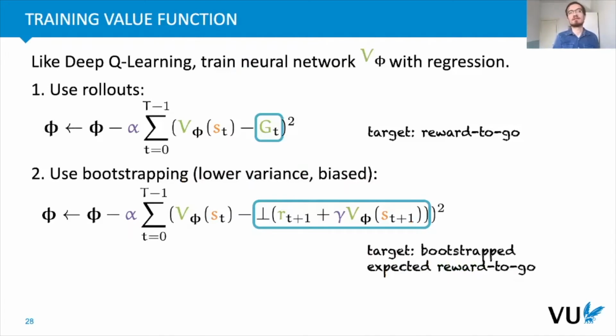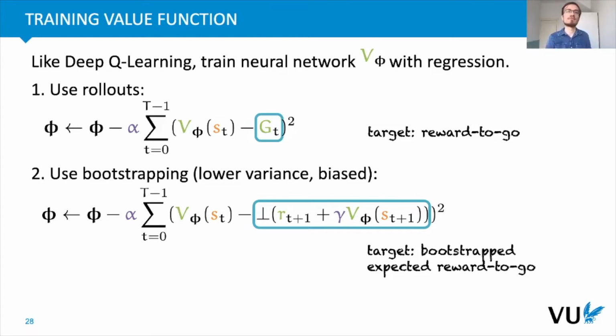So how do we find this baseline, this value function? Well, we just do it like we did in the deep Q learning lecture. We train a neural network to approximate this value function. So not the Q function, but the value function V. And we just do it with regression. Here, we can use rollouts. We can just estimate that based on the reward to go that we actually get.